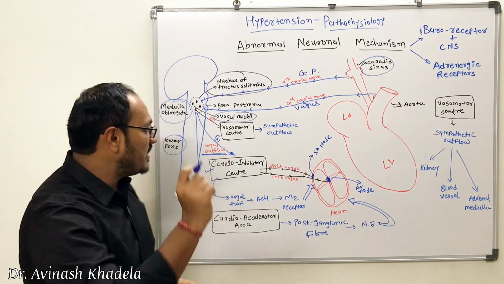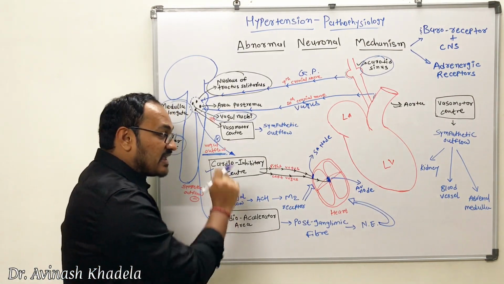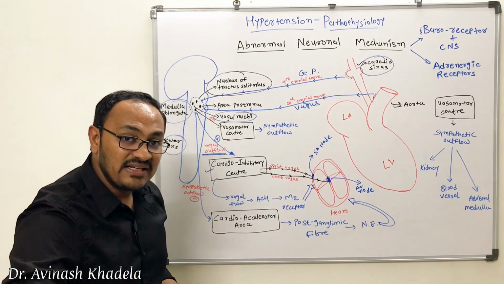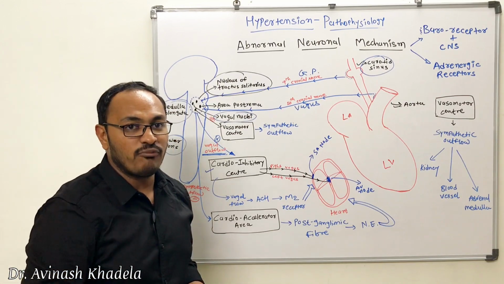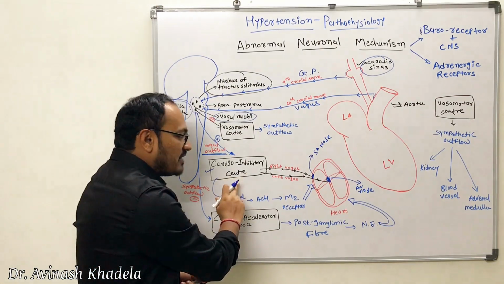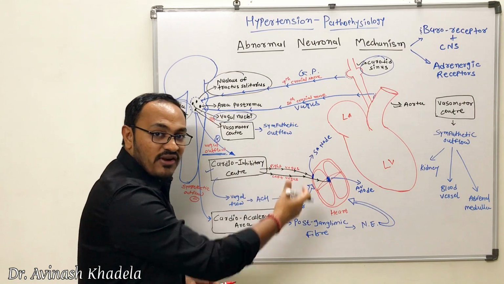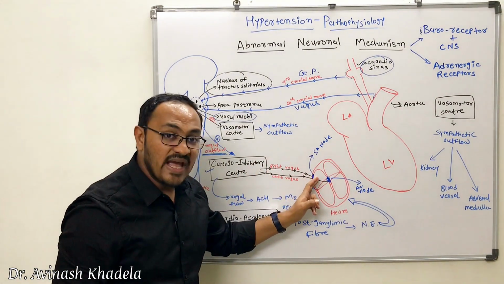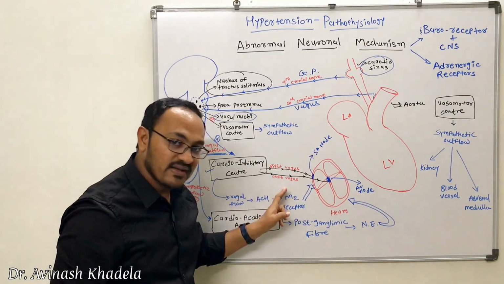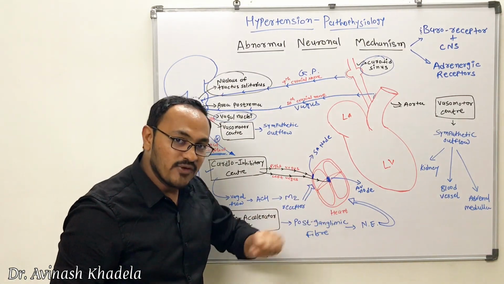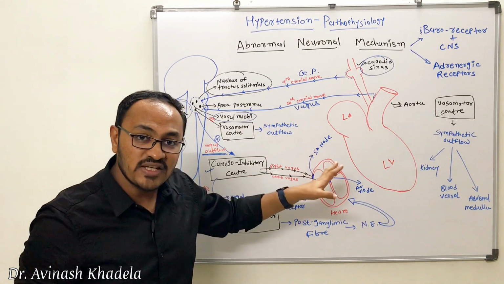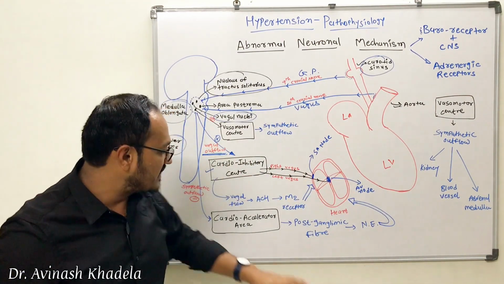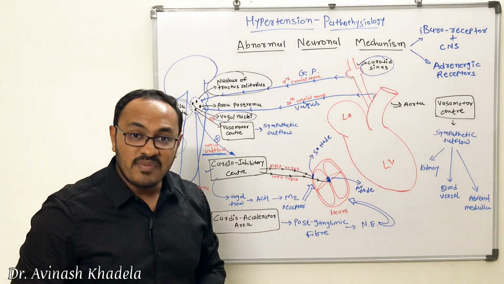This cardio-inhibitory center gives a signal through the cranial nerve to the heart as well as to different parts of the body. Through the right vagus it gives signal to the SA node and through the left vagus it gives signal to the AV node. How it gives the signal and what the action on the SA node and AV node will be, we will discuss using a receptor based mechanism.